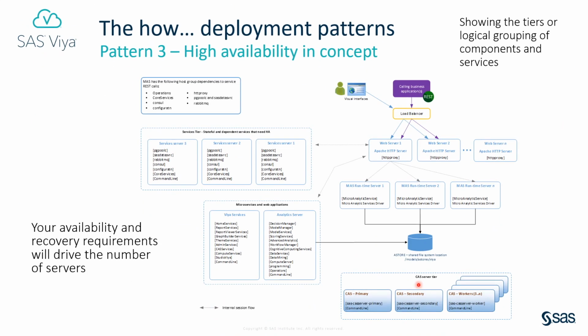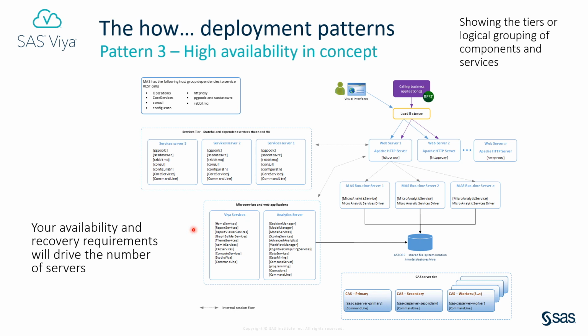So if we have a look at this illustration here, it shows the logical tiers or grouping of the different components. What you can see with the square bracket notation is the host groups that would be used during installation. We can see the stateful services and dependent services that are required for running the Micro Analytic Service here on the left, and we've scaled those out with 3 servers.